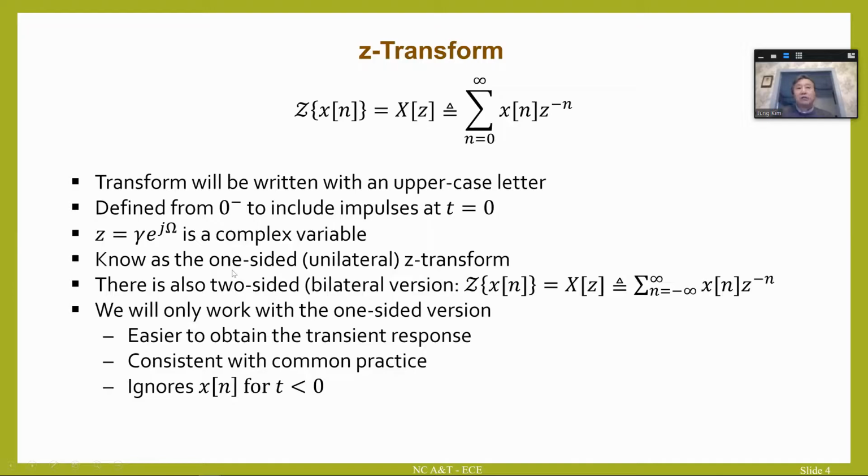As I told you for the Laplace transform, there are right-side sequences, left-side sequences, and two-sided sequences. But in ECEN 400, we're going to cover the unilateral, just the right-side sequence. A right-side sequence is normally causal. Left-side and two-sided sequences are not causal. So causal is a right-side sequence.